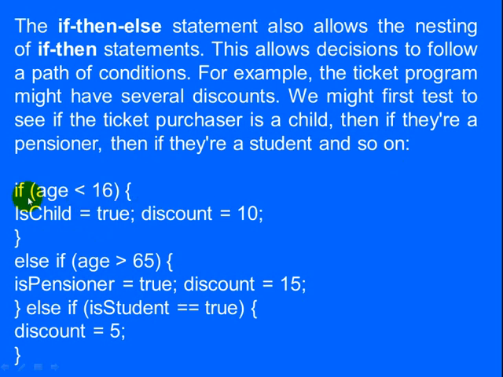We can write it this way: if age is less than 16, then is child equals true, discount equals 10. Else if age is greater than 65, is pensioner equals true, discount equals 15. Else if is student equals true, then discount equals 5. So multiple conditions may be utilized with the help of this if else if ladder.